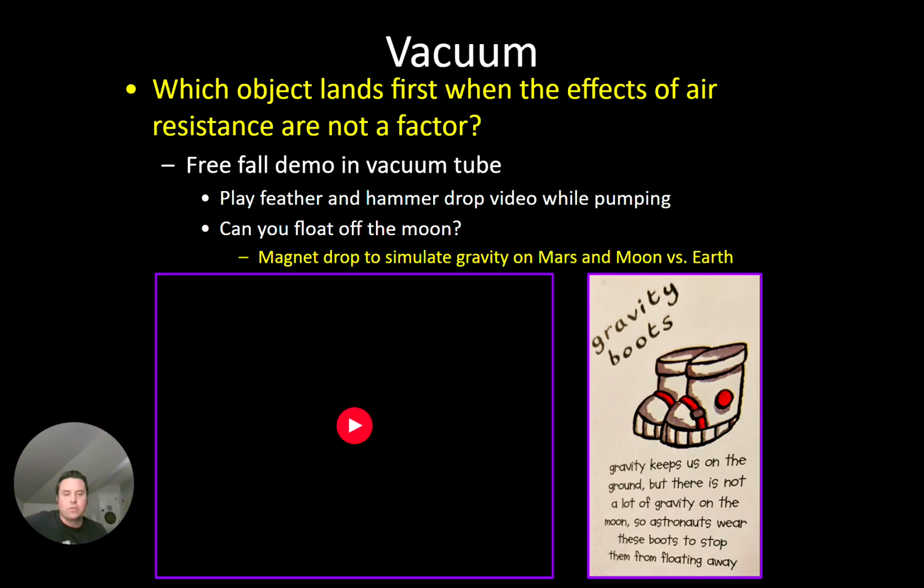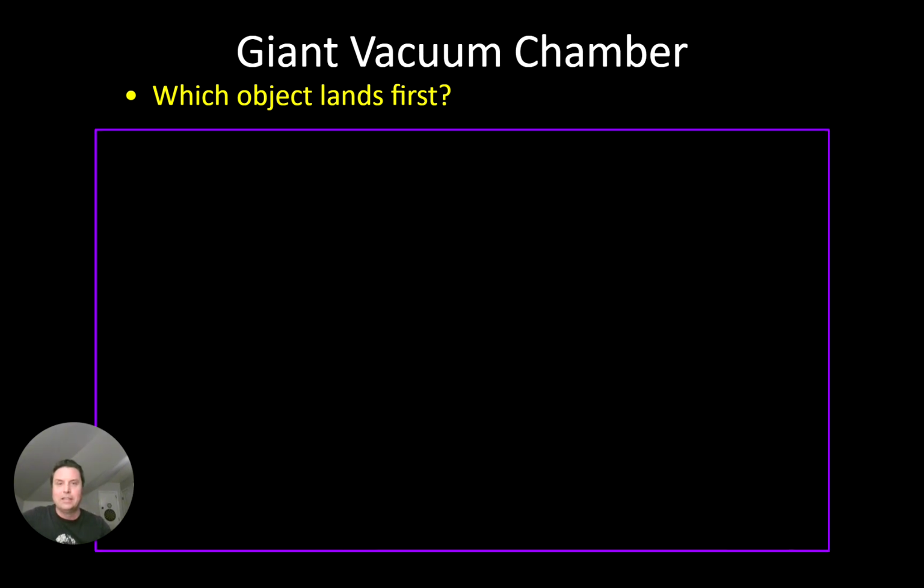So astronauts wear these boots to stop them from floating away. No, the boots are just part of the spacesuit to keep you pressurized, to keep you safe, to keep the air inside your suit. They are not special heavy boots that keep you from floating away. I don't even know why someone thought that.